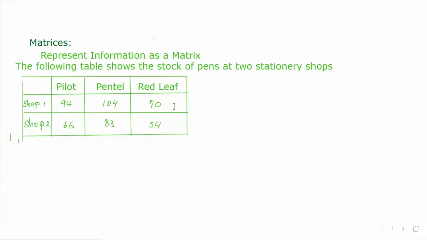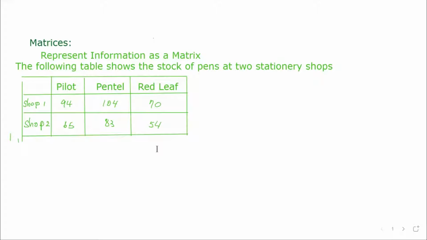And shop two, the numbers in the table show the number of pens they have in stock. Normally we write it in a table like this, right?